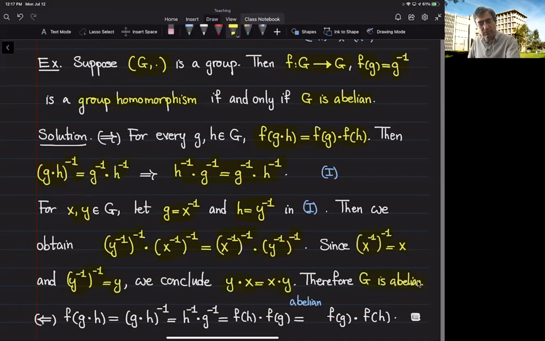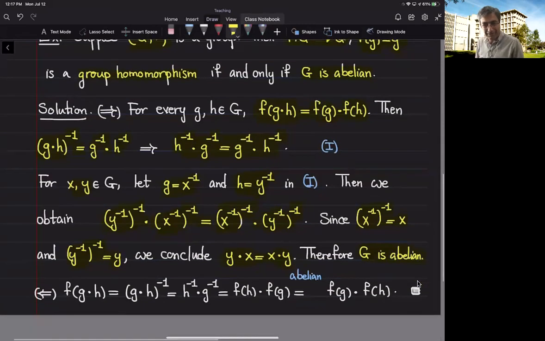Now, let's assume that G is abelian, like the group of integers under addition, and I want to show that sending g to its inverse is a group homomorphism. Okay, so f sends g dot h to (g dot h) inverse, but that means it is, because we know the inverse of a product is the inverse of the second one times the inverse of the first one.